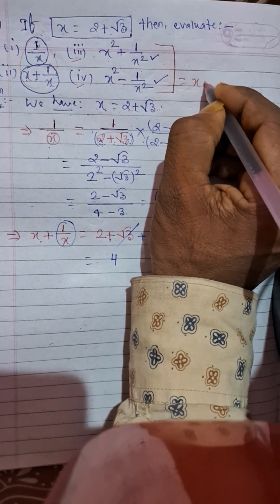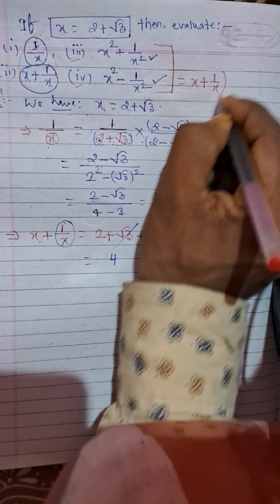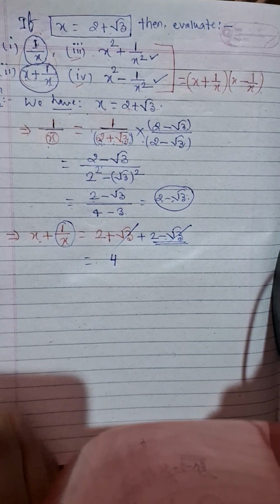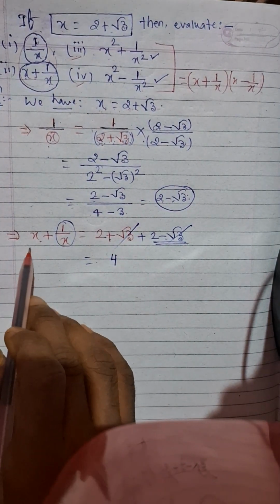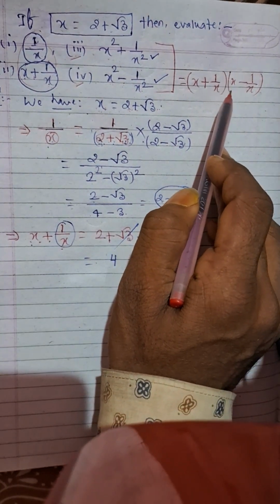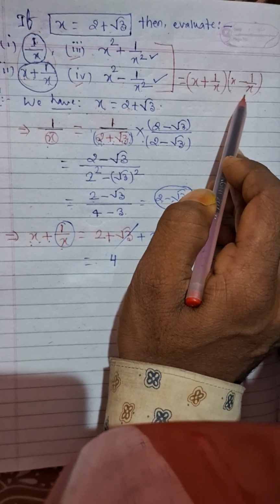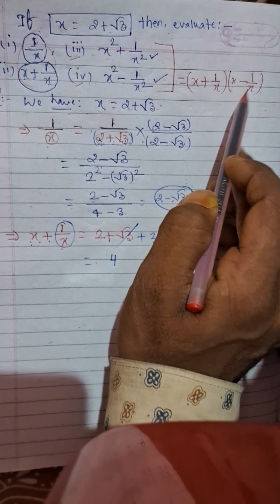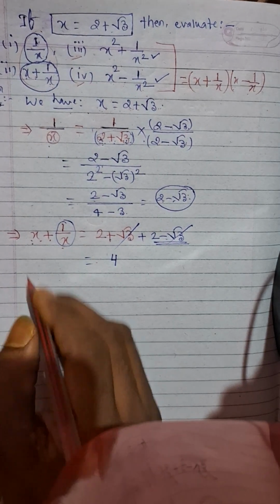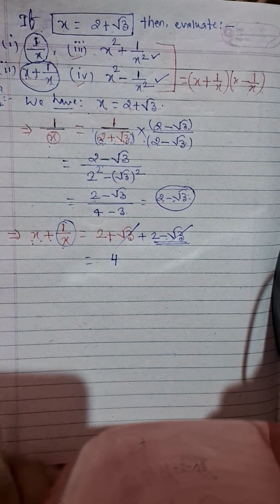So it can be factorized as x plus 1 over x times x minus 1 over x. We have already found the value of x plus 1 over x and we have not found the value of x minus 1 over x. So we need to find that, but first we need to find the value of x square plus 1 over x square.